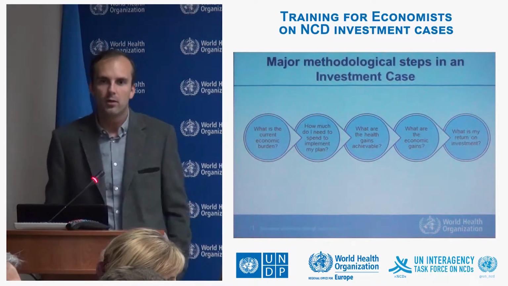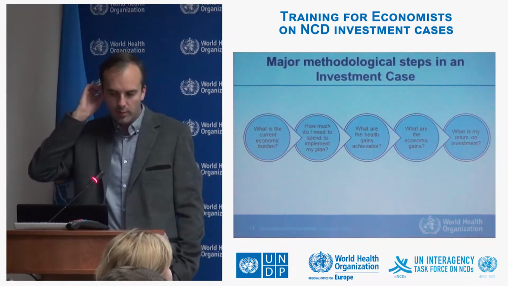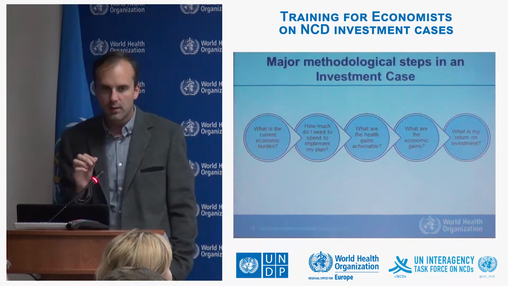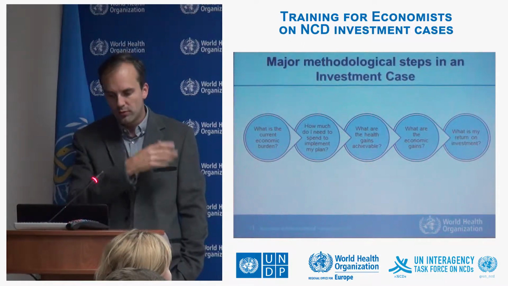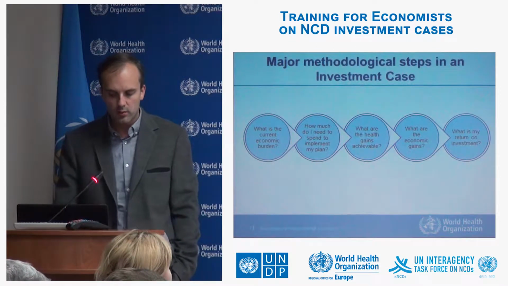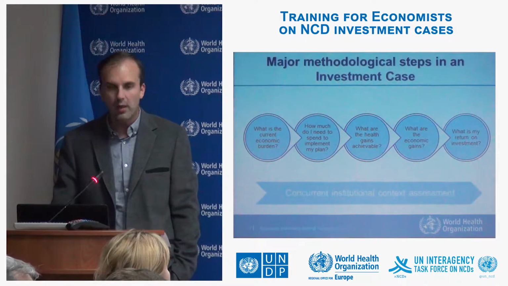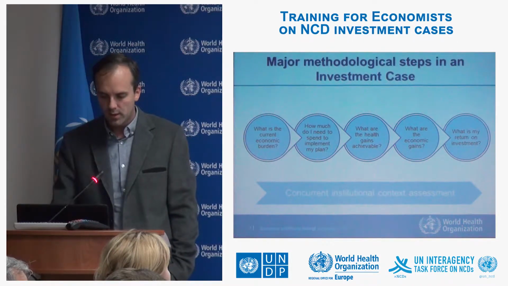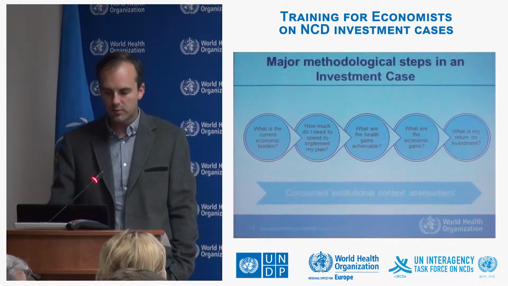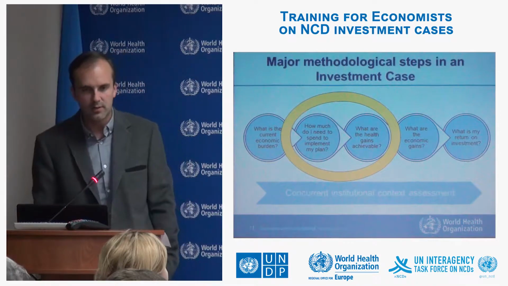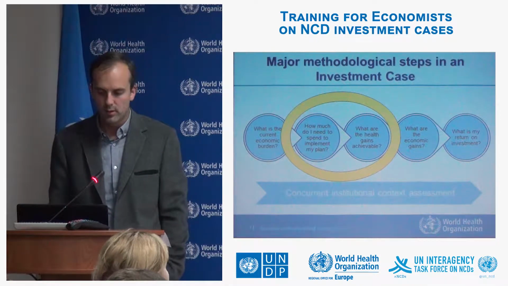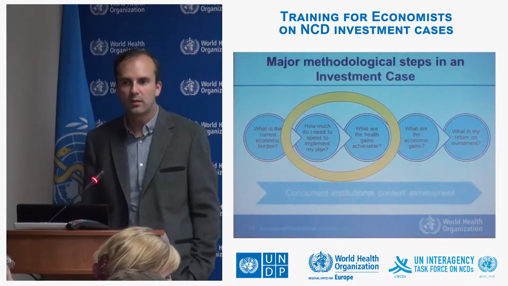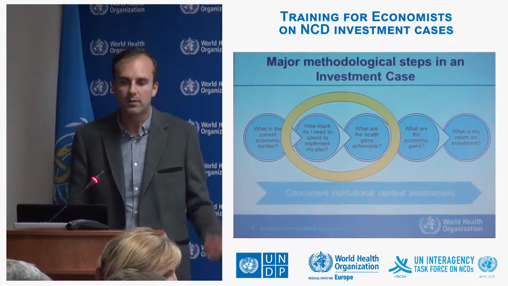So James walked us through the steps in doing an investment case, starting from the burden and then moving onwards toward the right. The OHT looks at, alongside the Concurrent Institutional Context Assessment, these two areas specifically: how much is it going to cost, and what are the gains that I can expect once I make these investments?